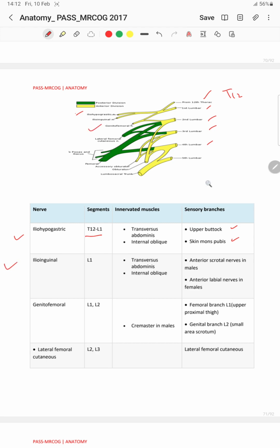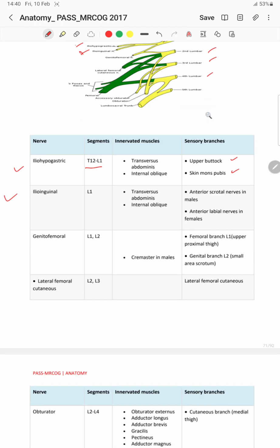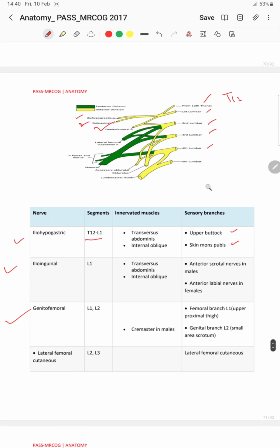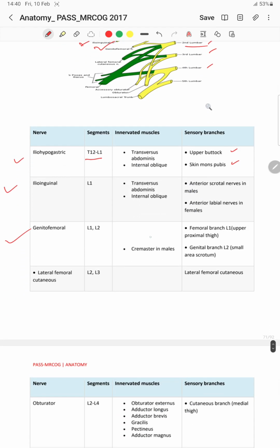This is the ilioinguinal nerve. Then the genitofemoral nerve arises from L1 and L2, and it is going to innervate the cremaster in males.